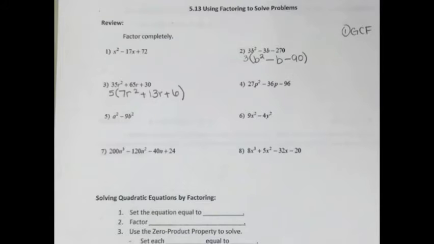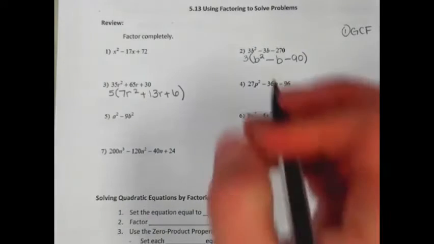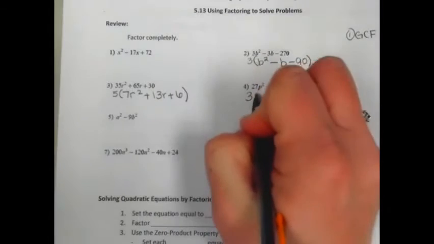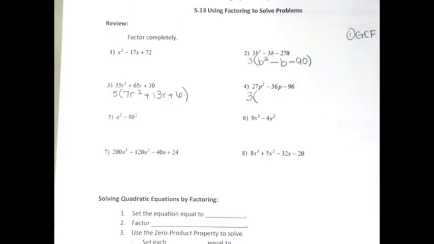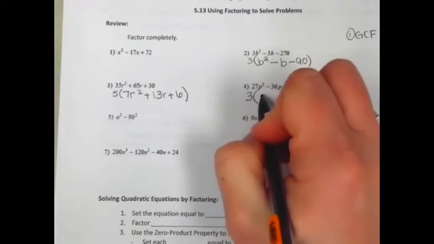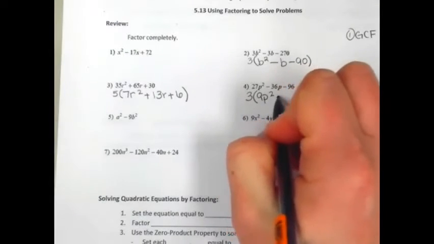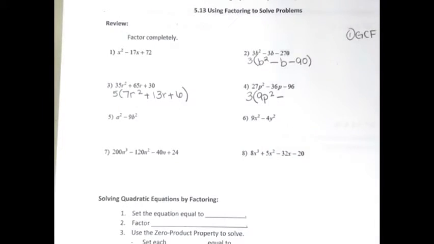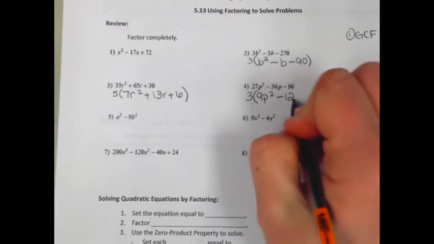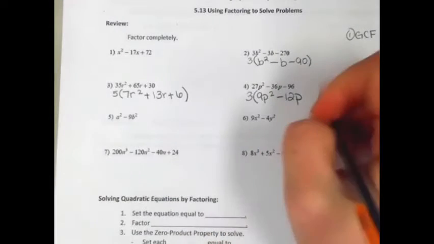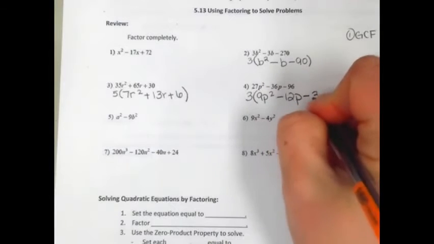Can 9 go into 96? No. I would think 3, don't you guys? If 9 can't, I would try 3, and 3 can. So 27 divided by 3 is 9p squared. 36 divided by 3 is 12p. And 96 divided by 3 is 32.